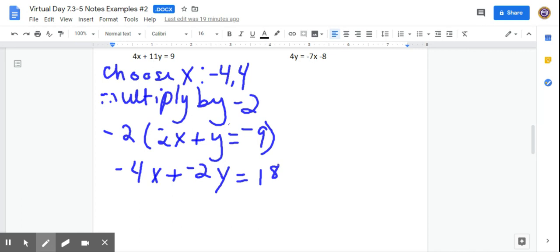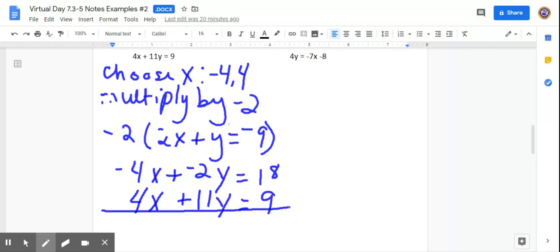Don't forget a negative times a negative. So now we're going to just put the other equation right under it. And now we see that those x's are going to cancel when we add the two equations. So we're going to add those two equations.